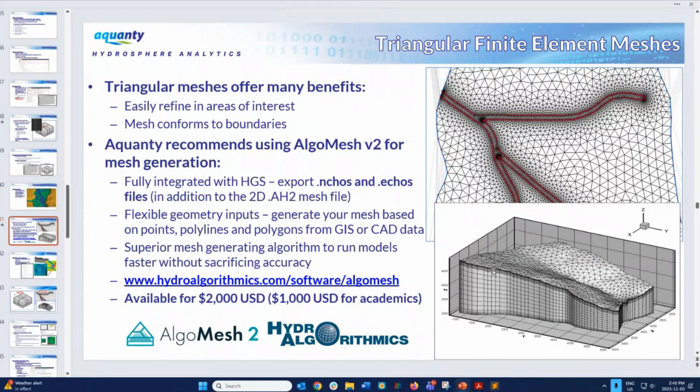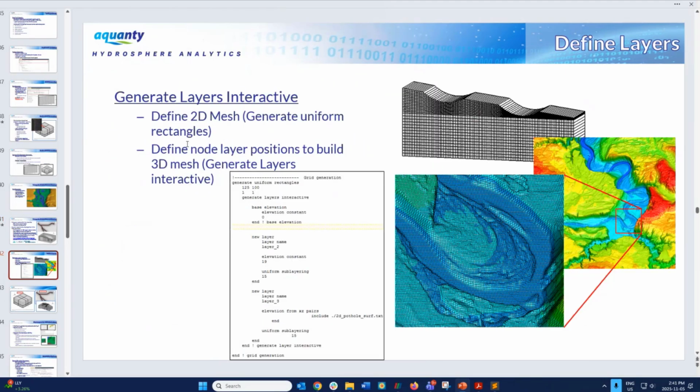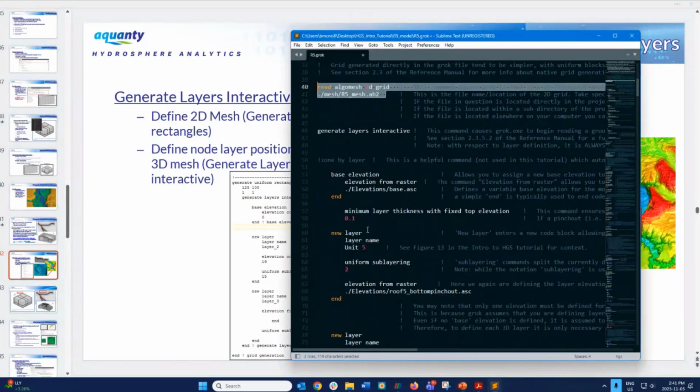Once you've got a 2D triangular element mesh, you then need to start defining the vertical structure of your mesh. This is typically done using this command here, generate layers interactive. And I should add end because this is in fact a command block. This is usually the section of a grok file that gets structurally the most complicated.